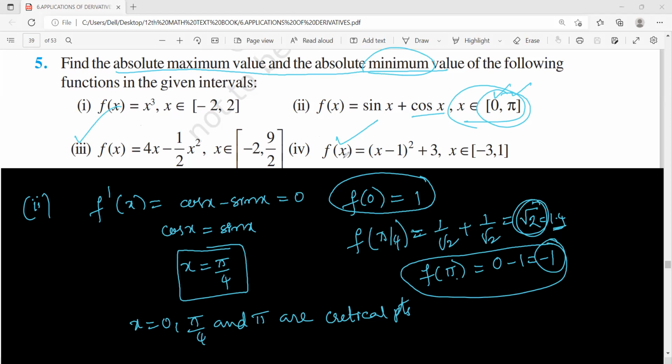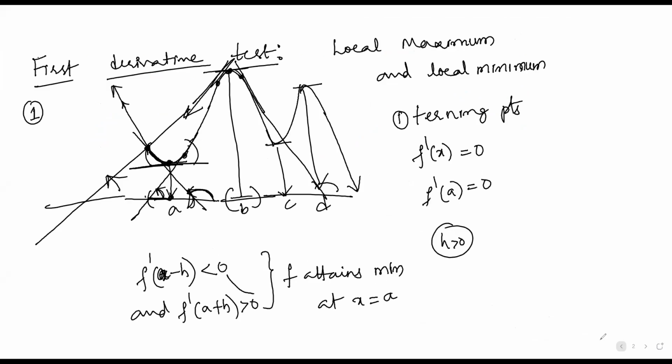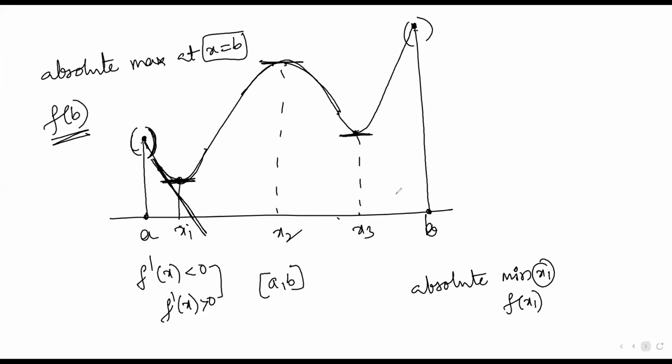Yes, sir. All right. So even for the other two, we just find the derivative equal to 0, find the other critical points, and then check, no? That's it. Yes, sir. Done. I told you, by f dash of x equal to 0, what do you get?